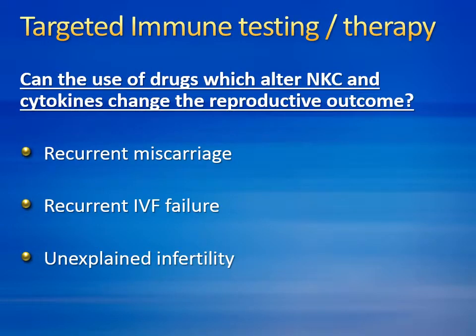And ultimately, the key question is, can we use these drugs to alter natural killer cells and cytokines, and in altering these, will this change the reproductive outcome for that patient? What has been looked at is the role of this treatment in recurrent miscarriage, IVF failure, and unexplained infertility.